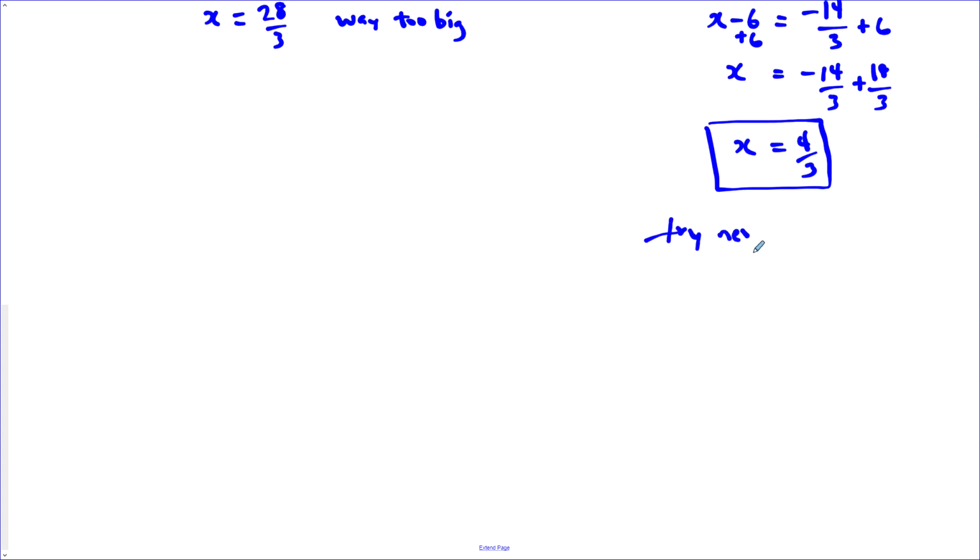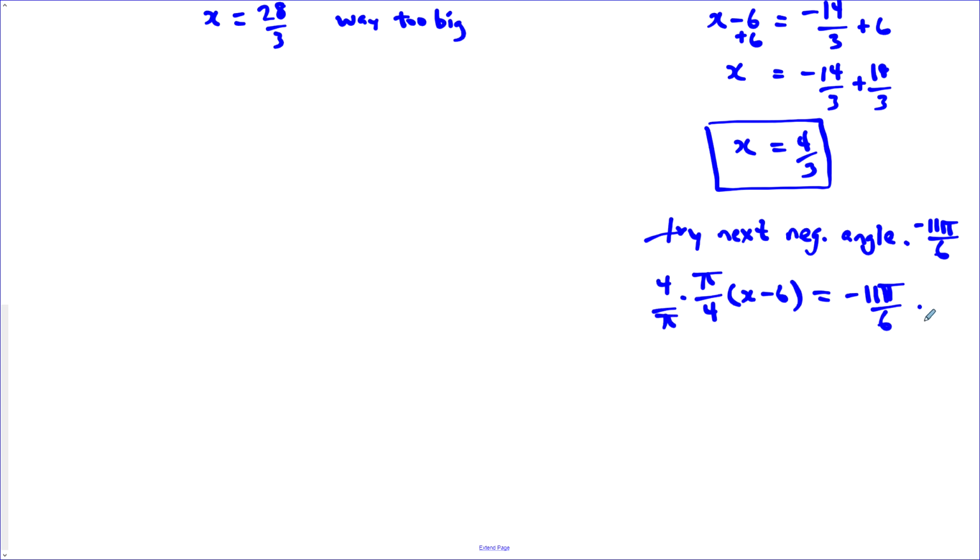Same deal, x minus 6 is equal to negative 11 pi over 6. Same algebra. Pi's cancel, 4's cancel, and this would be negative 22 over 3. Add 6, and we get negative 4 over 3.